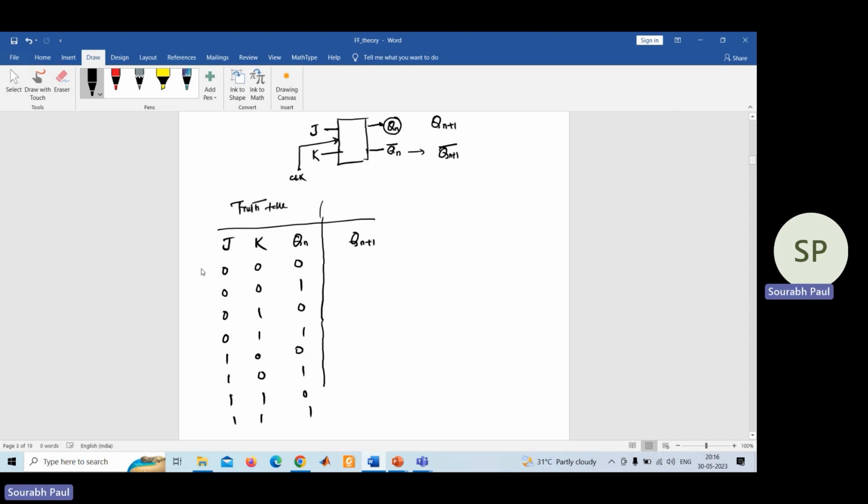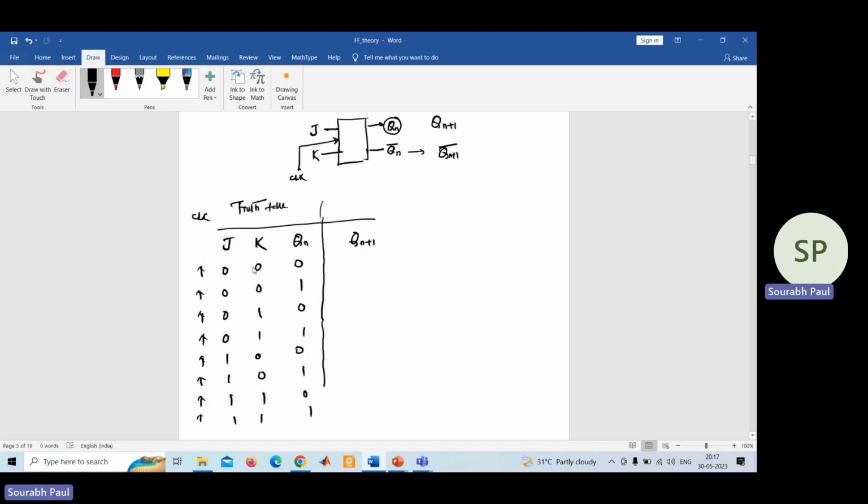So these are the 8 combinations. Okay, and this arrow indicates the clock signal.